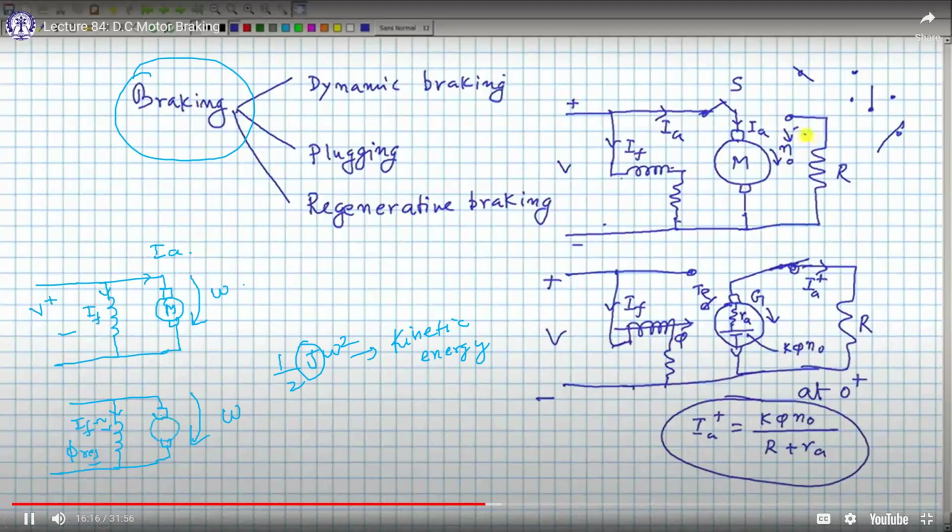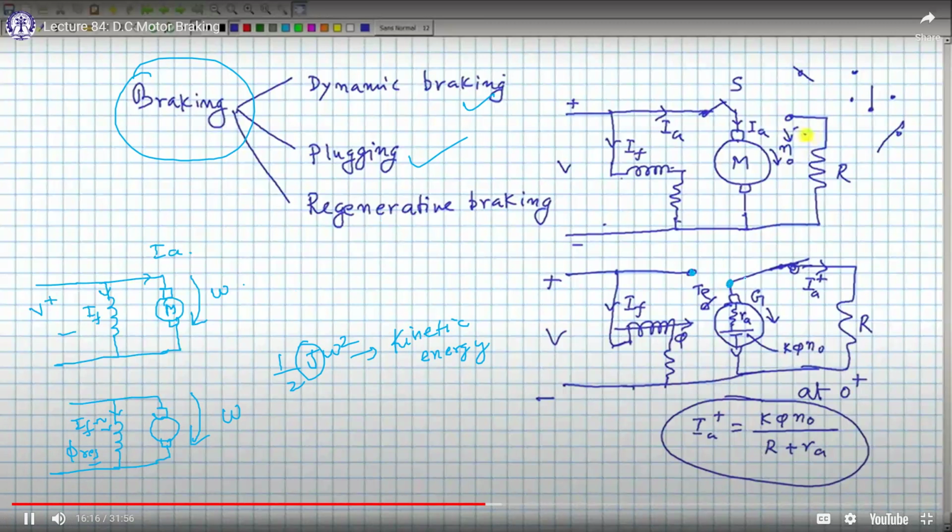Here are some of the electrical braking methods. We will be discussing dynamic braking and plugging. In dynamic braking, we have a switch kind of arrangement.